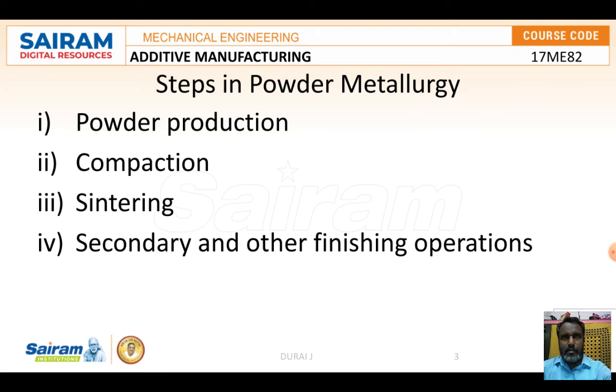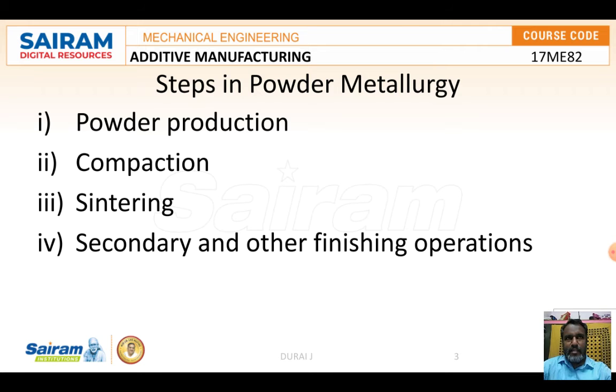Then comes the next one, secondary and other finishing operations. Here the sintered part may be subjected to one or more secondary or finishing operations. These are used to ensure close dimensional tolerance, improve the surface finish, increase the density and improve the corrosion resistance.